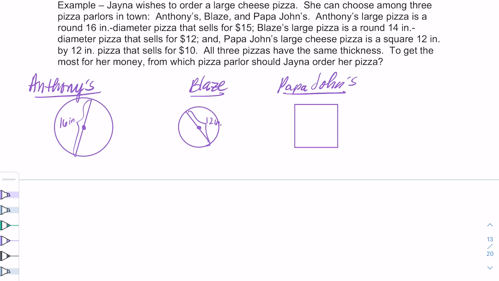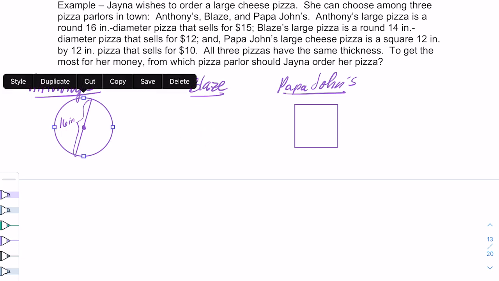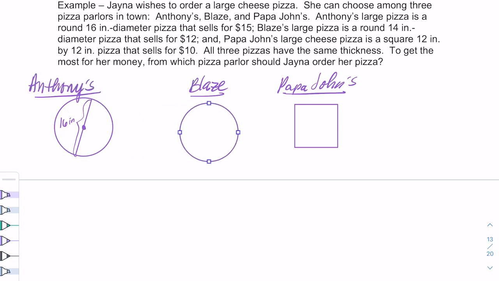Okay, let's do this again. And this is 14 inches. And then we have our cheese pizza from Papa John's. It says it's square and it's 12 inches by 12 inches.